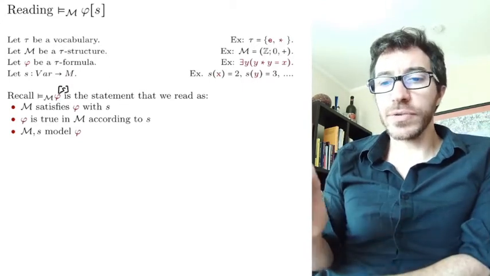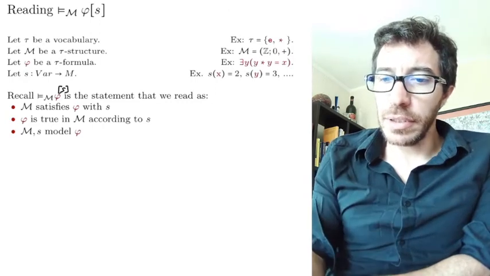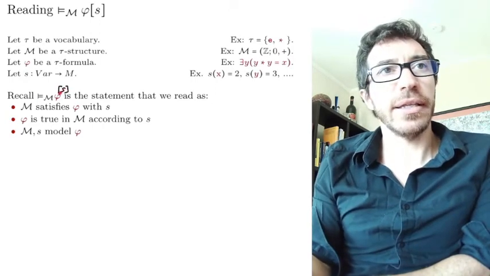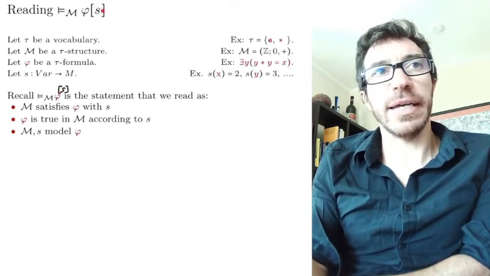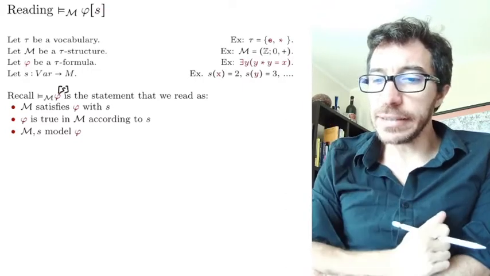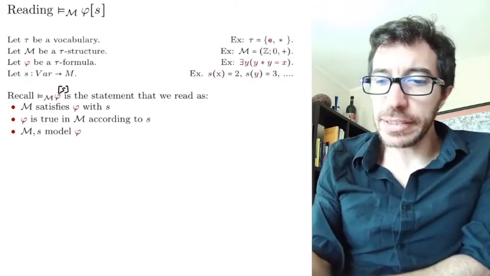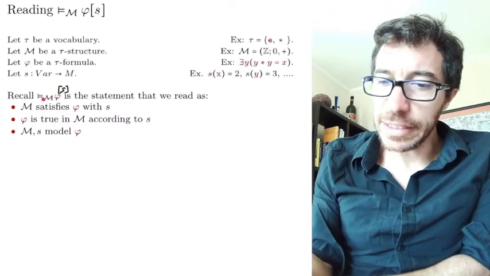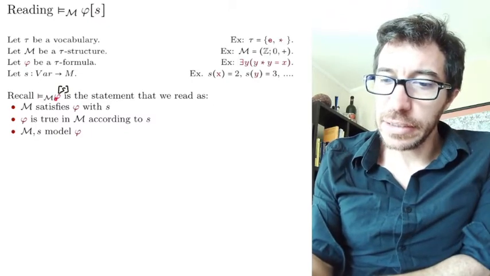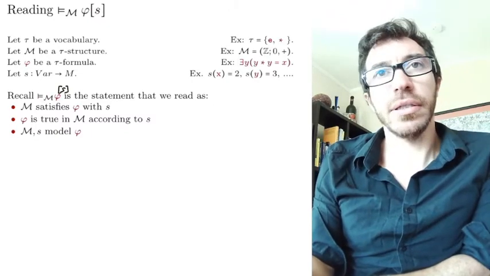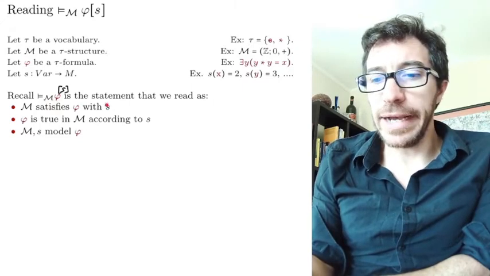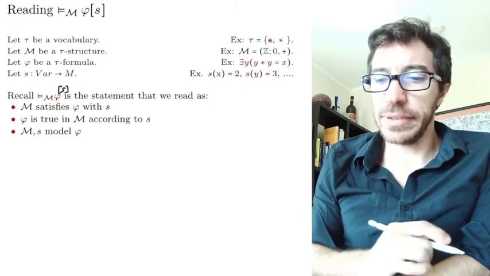And we defined in class what this symbol means. Here I was missing the S, the variable assignment. Recall that we read this symbol as saying that the structure M satisfies the formula phi with S, where S is the variable assignment.